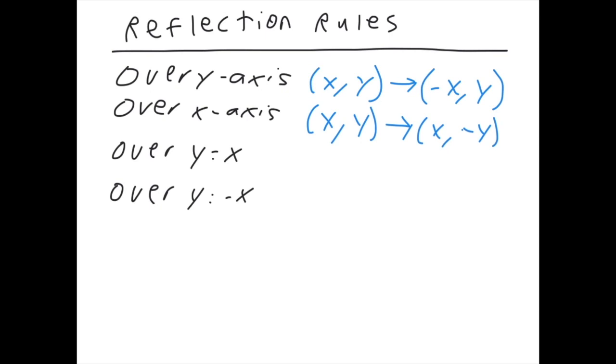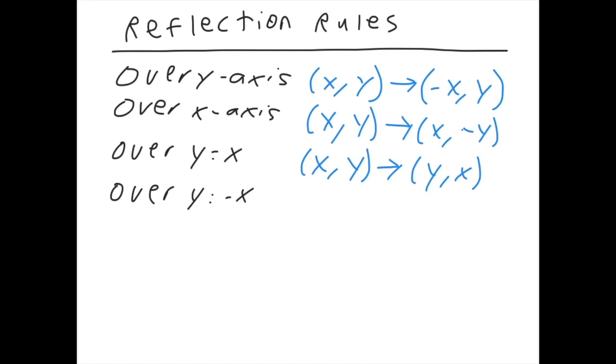Slightly different with the other two. If we have y equals x, then (x, y) will turn into (y, x). So if you have the point (3, 4) and you reflect over the line y equals x, you will come up with the point (4, 3).